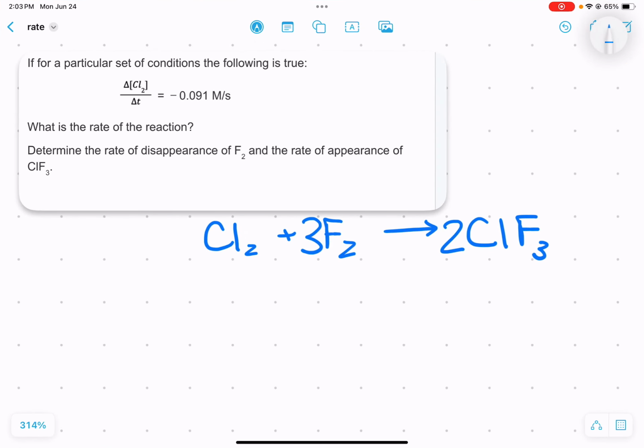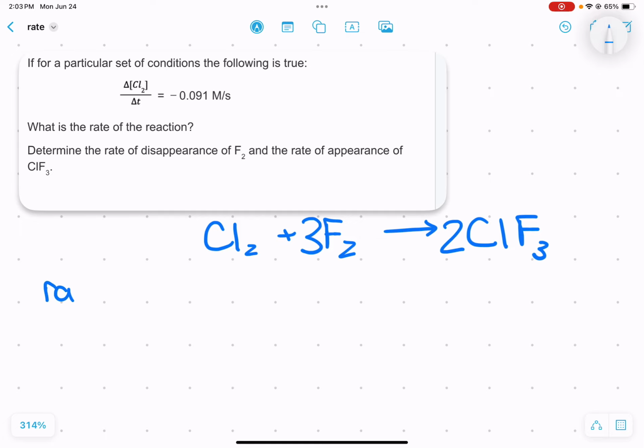Okay, so for this question, this is from the chapter 15 notes. You had to have the balanced equation, which was in a previous slide. Whenever we write these expressions, we always want to incorporate the coefficient from the balanced equation.